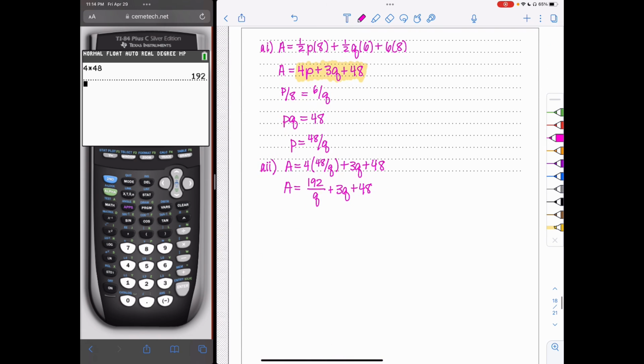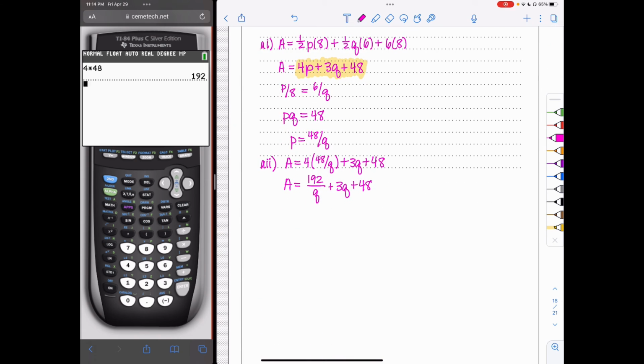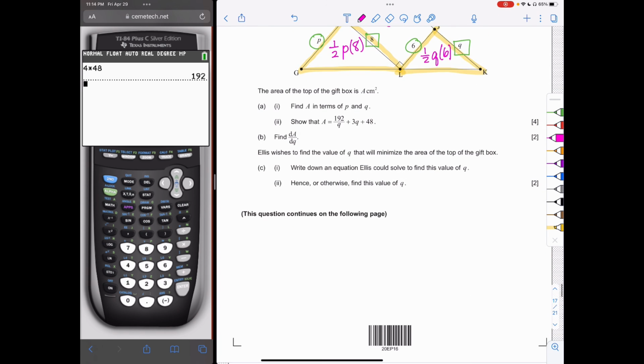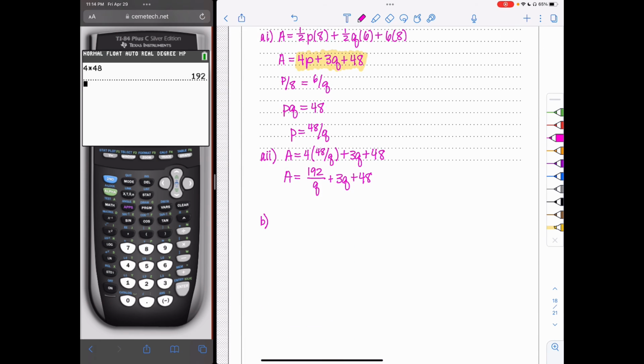Now for part B, they want us to find the derivative. So we want to find dA/dQ. Remember, to find dA/dQ, you have to rewrite A. I can say that A is equal to 192 times Q to the negative 1 plus 3Q plus 48.